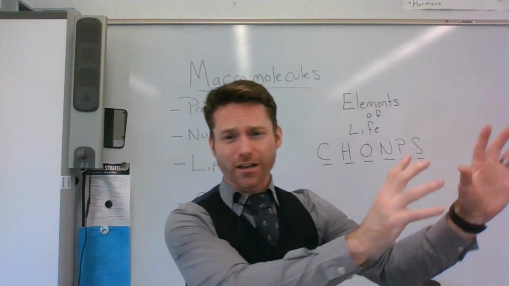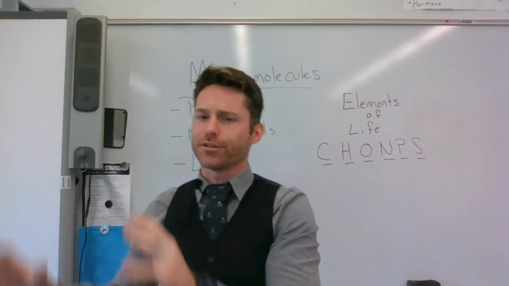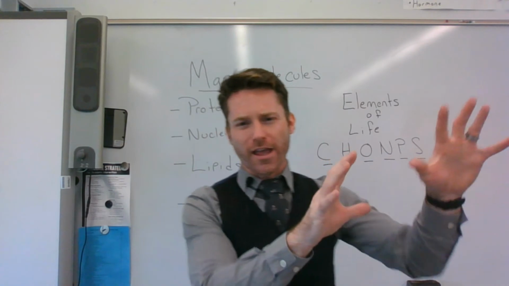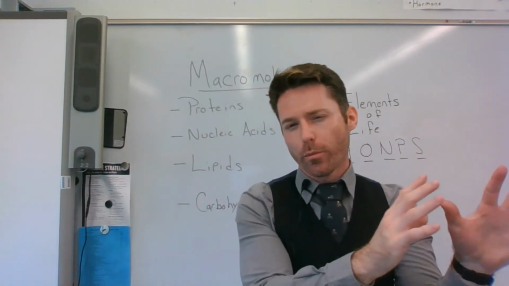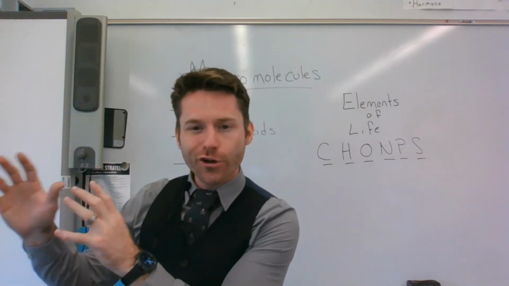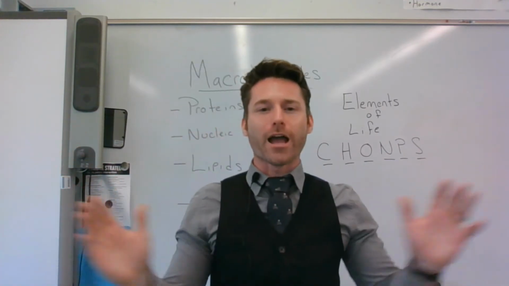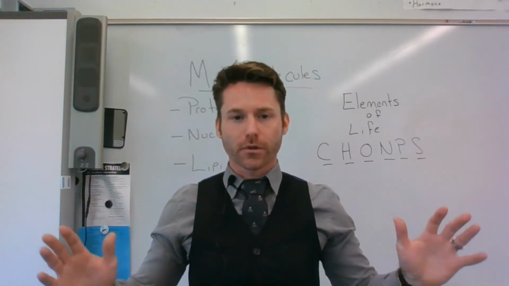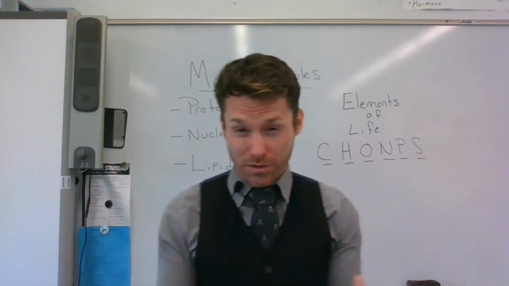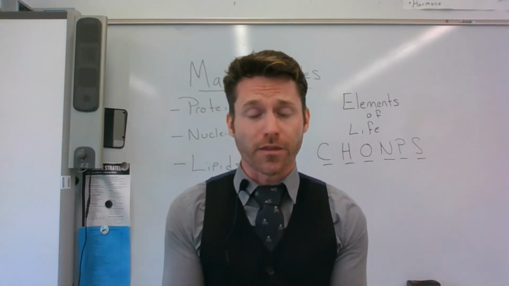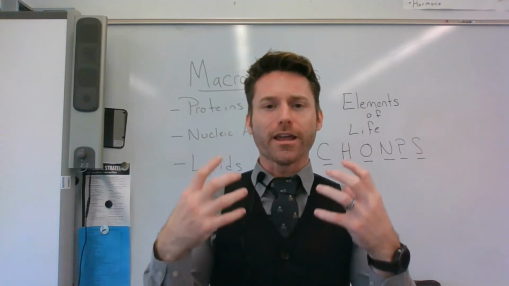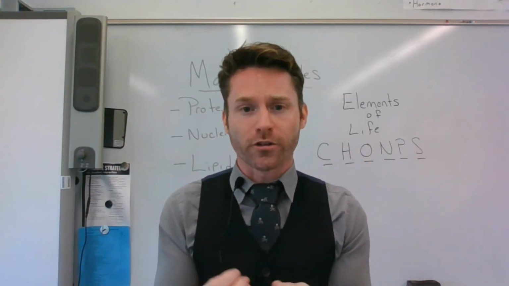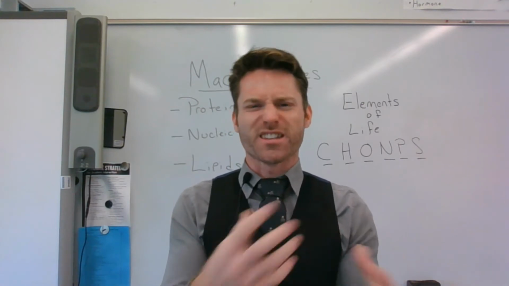So this side ain't all negative and this side all positive, just the electrons tend to hang out over here more often than not. So this side's a little bit negative, and this side's a little bit positive in what's called dipole moments. And so that's oxygen's most important role in living things, is its property of electronegativity, its ability to pull electrons towards it to make its area more negative.